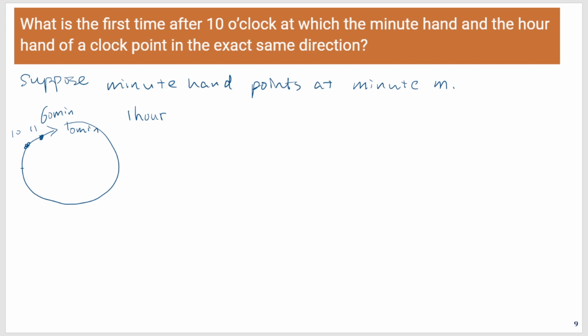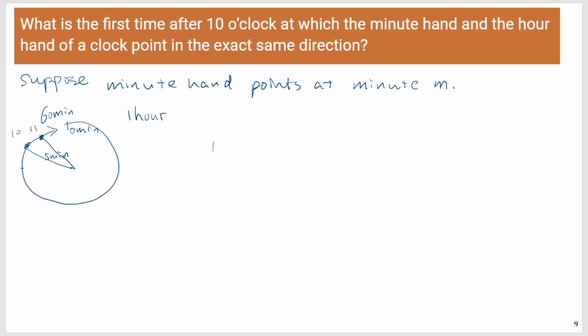In minutes, the distance on the clock between the 10 o'clock hour and the 11 o'clock hour is just 5 minutes, right? So this length is just 5 minutes for the minute hand. Therefore, when the minute hand covers 60 minutes on the face of a clock, the hour hand moves only 5 minutes. So the hour hand moves 1/12 the distance the minute hand moves.